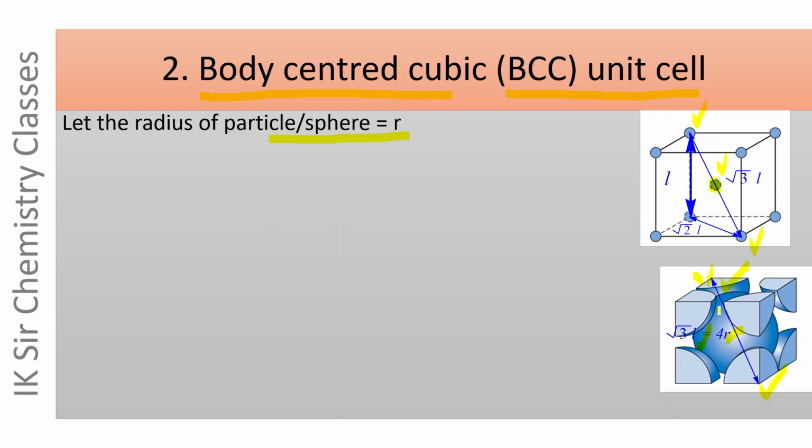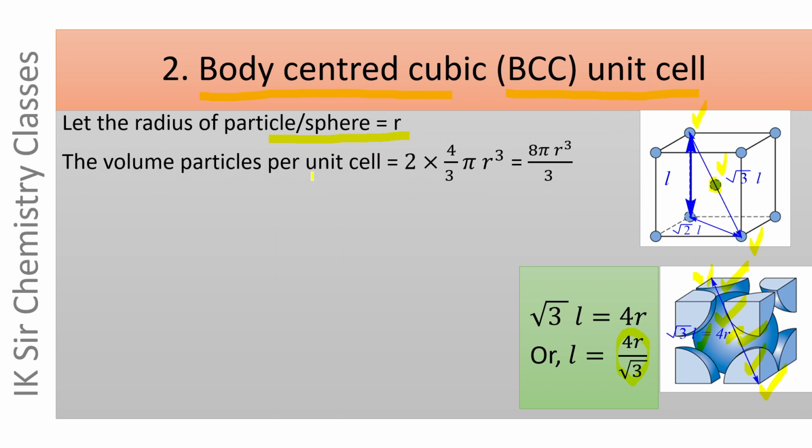1 radius here, 2 radius, 3 radius, and 4 radius. Root 3 L is equal to 4r, and hence L will be equal to 4r divided by under root 3.